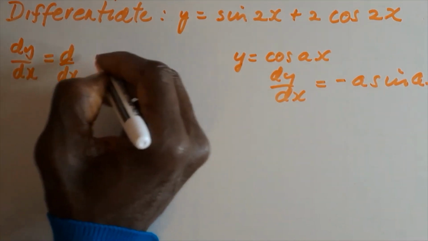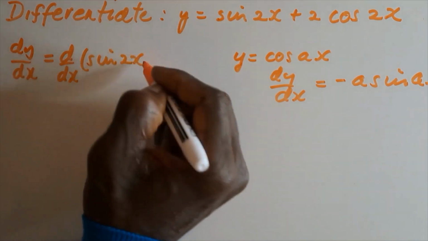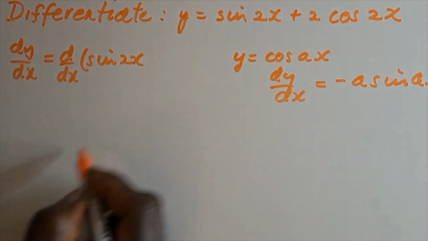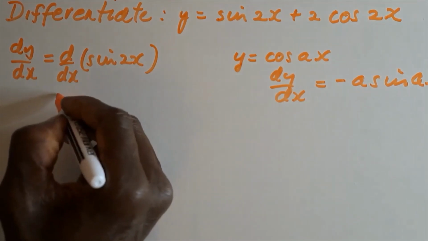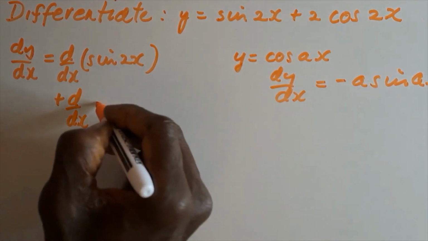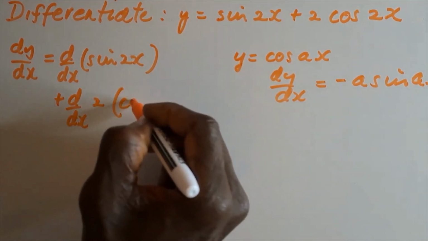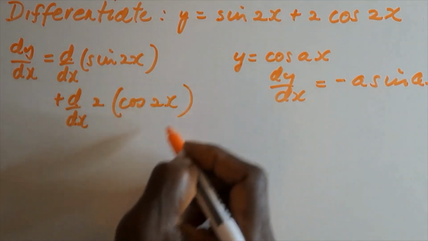is d dx of sine 2x added to d dx of cos 2x times 2.